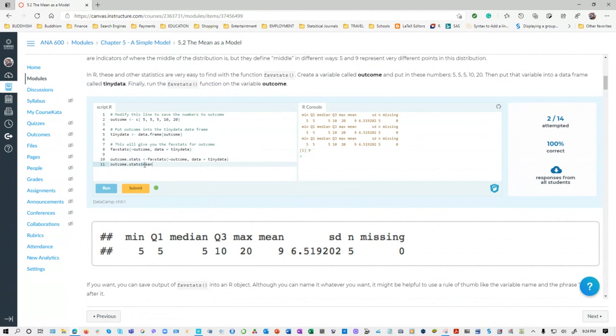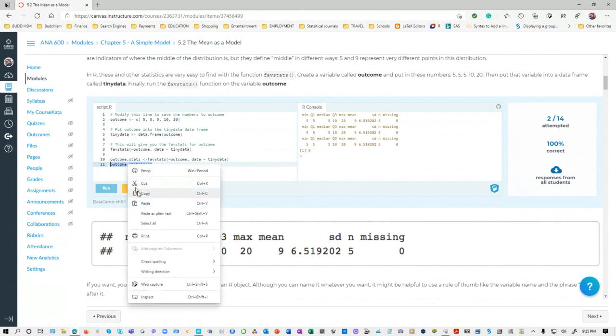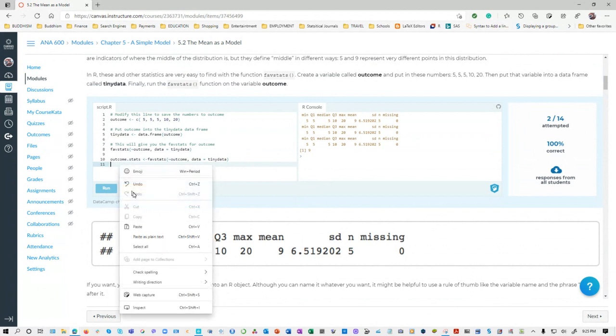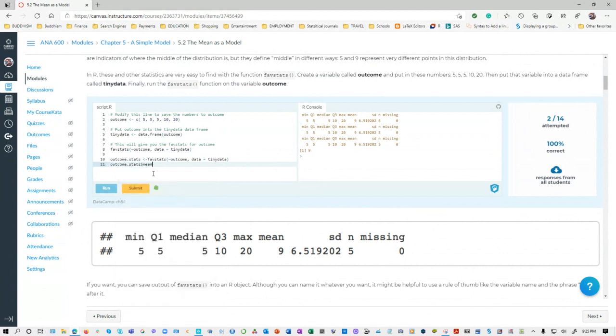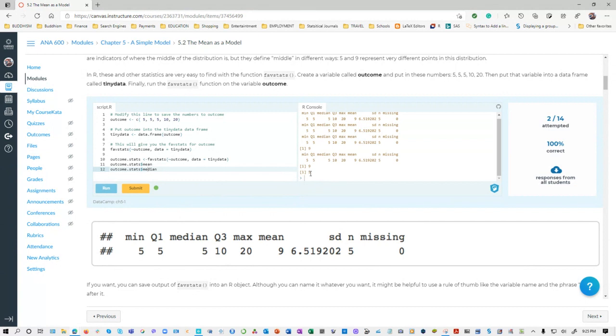That's going to give you the mean, a single value. If you change this to median, you can see the median. So can we calculate the mean in this way?